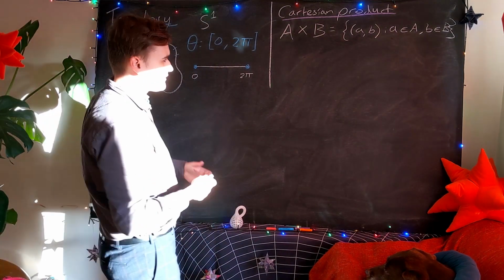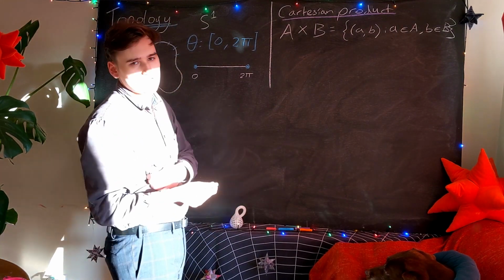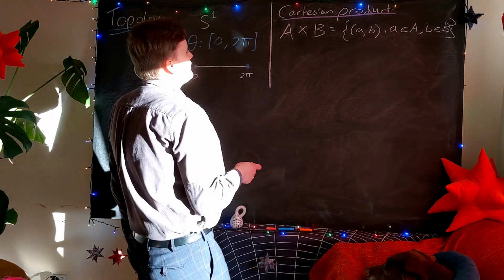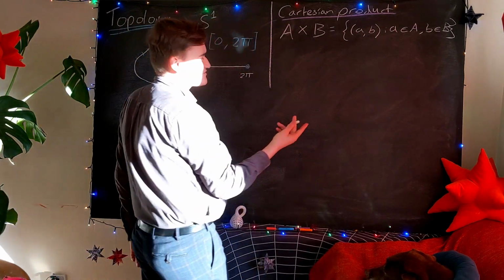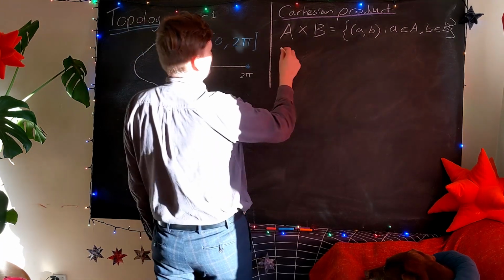We've seen this already. But now I just want to give you a nice way to visualize this Cartesian product. So if we consider our two sets now to be intervals, they don't have to be intervals, but it's easier to visualize for now.